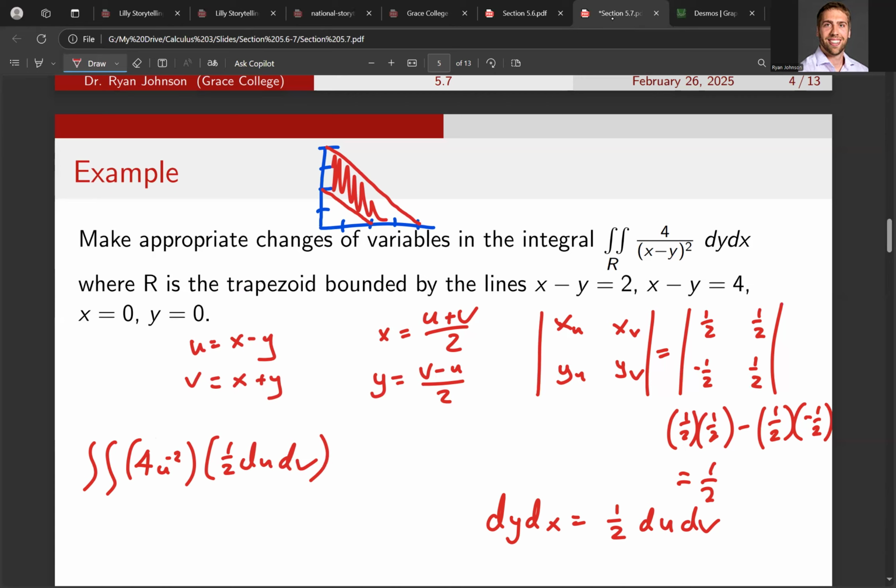And then the bounds of my integral. So this line is x minus y equals 2, otherwise known as u equals 2. Right? So u goes from 2 to 4.